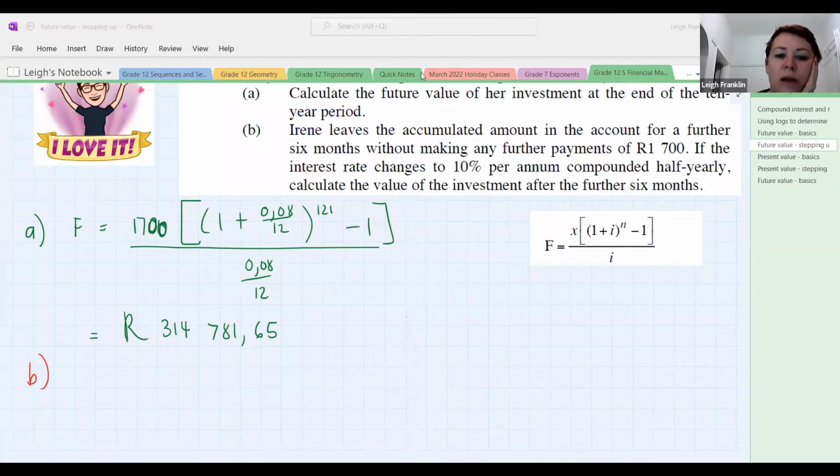Okay, so everybody is saying no so far, 100%. That's right, Boutle, 100%. Because the payments have stopped and the money is now sitting in the account, there are no more payments. It has to grow using compound interest. Okay, absolutely.